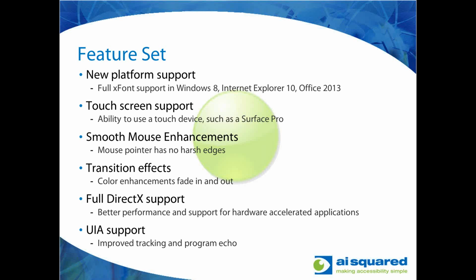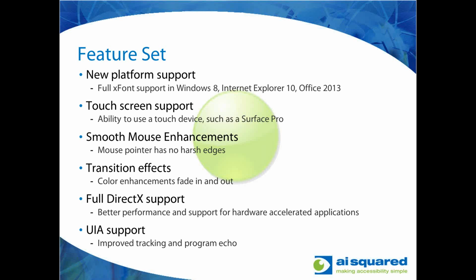Another big thing is we made some major changes to our magnification engine, which the end result of that is better performance when using ZoomText in a hardware-accelerated application. A good example of that is something like a YouTube video, which can utilize your video card hardware, or if you're using 3D modeling software.